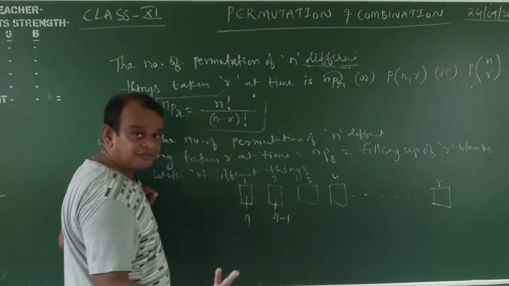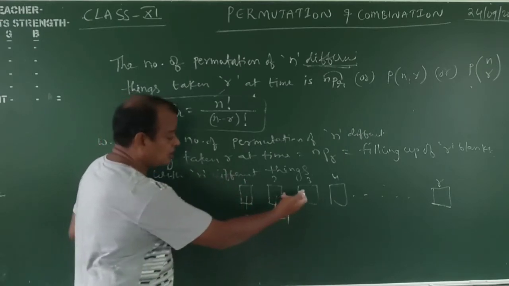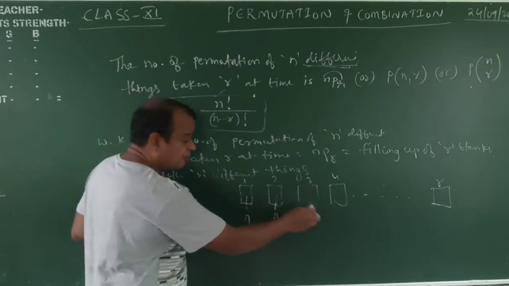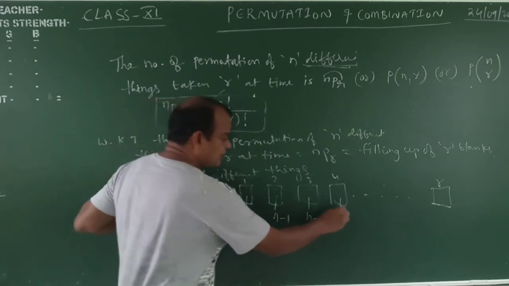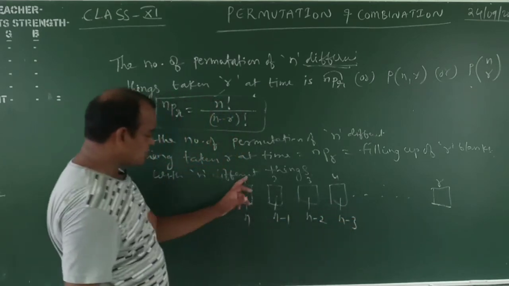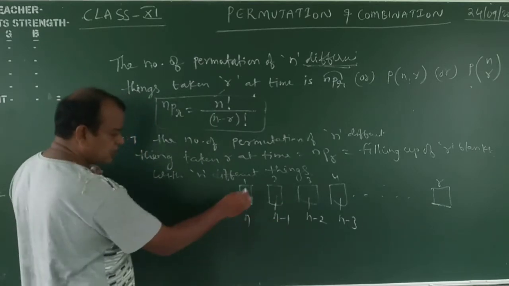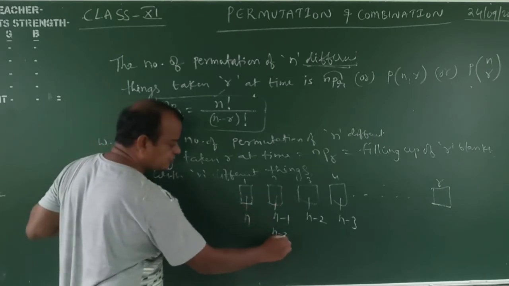Now how many students are left? How many things are left? N minus 2. The N minus 2. Now third blank filled with N minus 2. Fourth blank N minus 3. Observe that the first blank N ways, second blank N minus 1. First blank is N ways. Second blank, how to write this one?